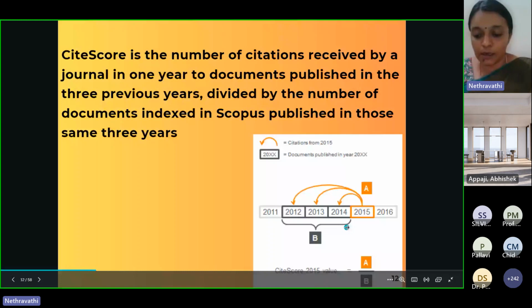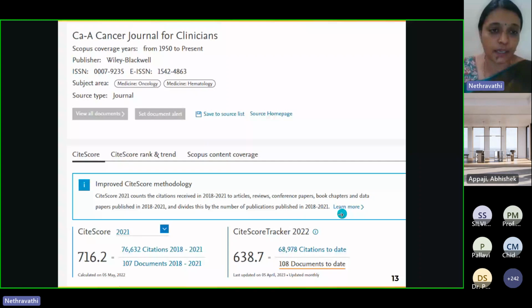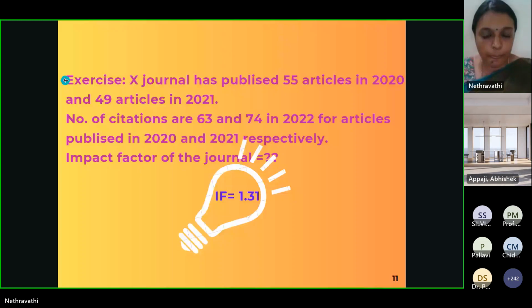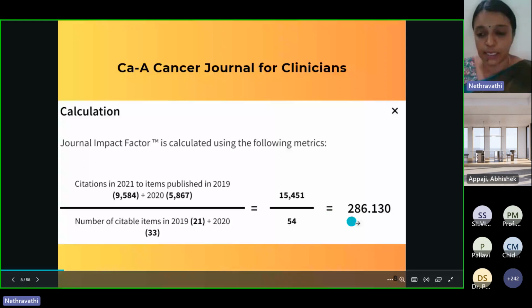I have an example for the same journal that we had, CA: A Cancer Journal for Clinicians, which had a very, very good impact factor of 286.13 in the Clarivate journal impact factor.